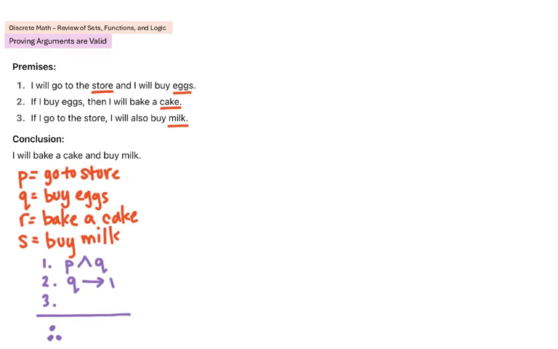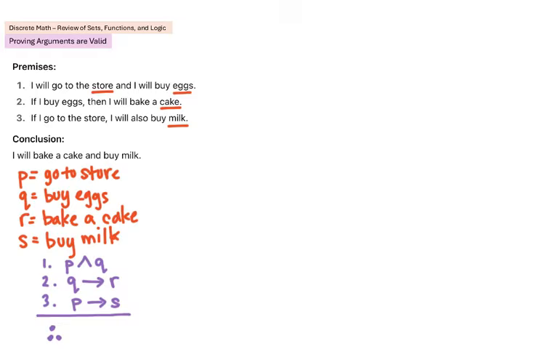I will bake a cake is R. If I go to the store, I will also buy milk. So if I go to the store, so if P, then I will buy milk, which is S.